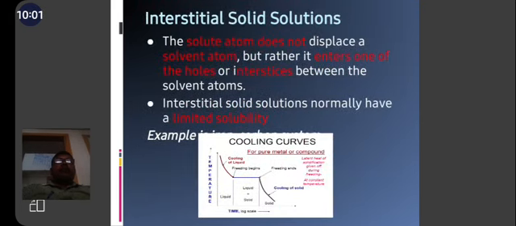Then interstitial solid solutions. The solute atoms do not displace the solvent atoms, but rather sit in the holes or interstices between the solvent atoms.